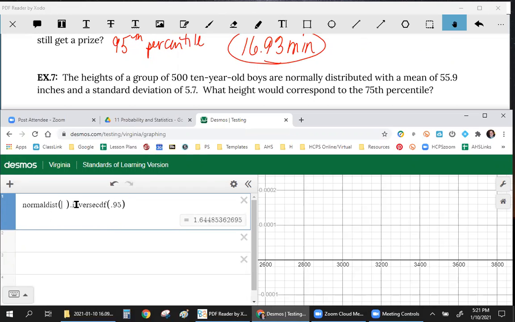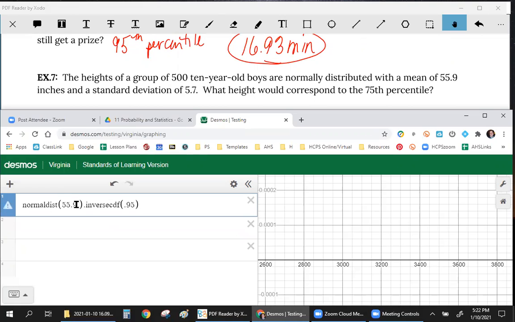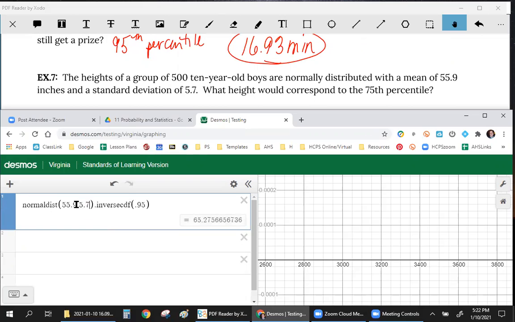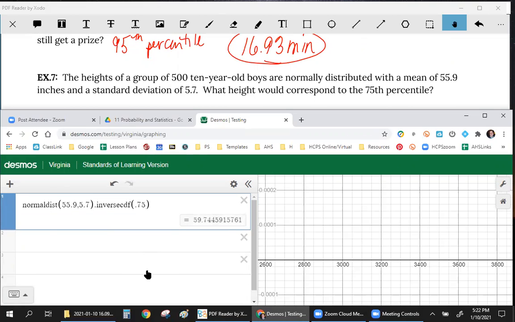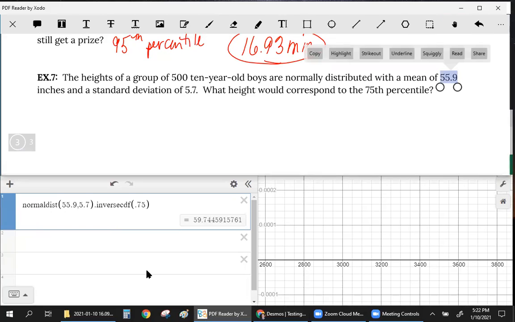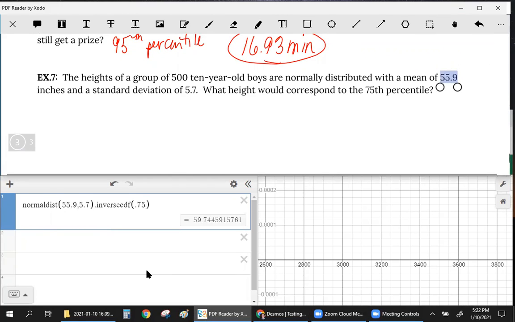So average is 55.9, standard deviation 5.7, and percentile, if we're looking for 75th, the decimal is 0.75. That means the height that corresponds to the 75th percentile is 59.74 inches tall.